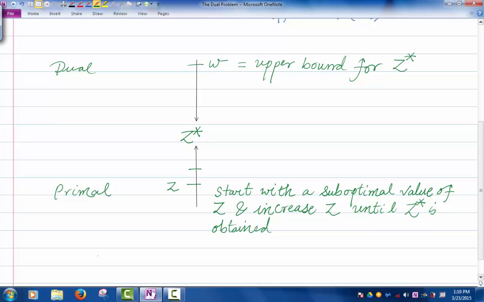So you're basically starting with an upper bound of Z star, and then you decrease W until Z star is obtained.